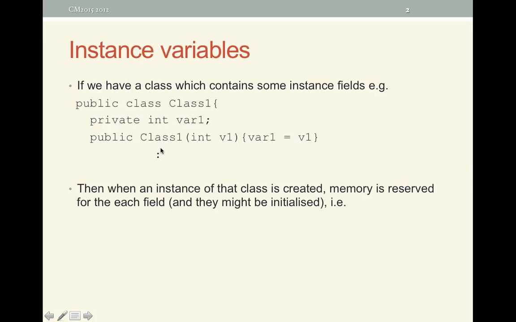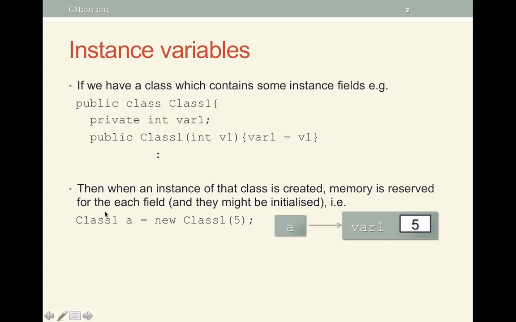So if we ran this and we created some instances of the class, what happens is memory is created for the objects and for all the fields which are contained within the objects. For example, if we created a new instance of Class1 called A and passed over the parameter 5, then A would be declared in memory, and a reference to another part of memory where all the information about the object was stored, for example var1 and its value 5.